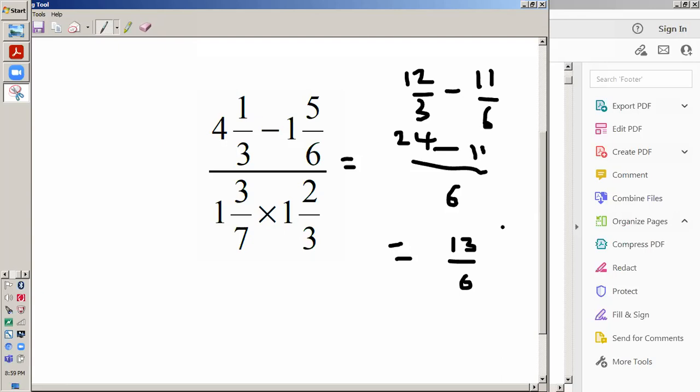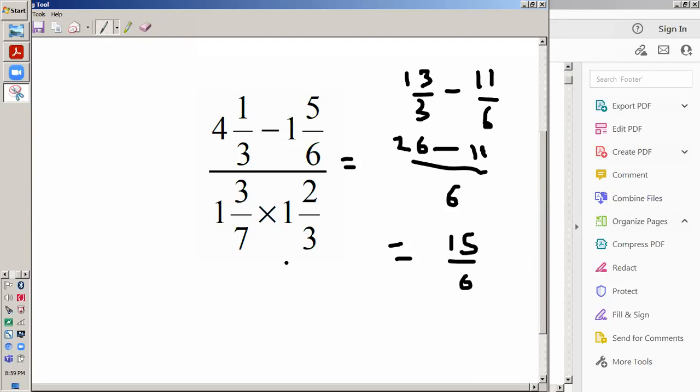It's supposed to be 13 over 12. Oh, because it's 3 times 2 plus 1. That means we have it wrong. Sir, my answer is 15 over 6. Okay, yeah, so it's 15 over 6.